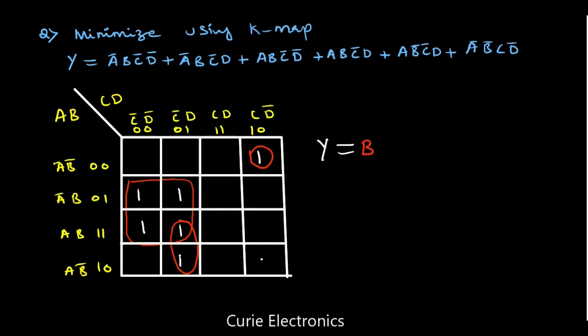What about column wise? C bar D bar, C bar D. So C bar will be left. Now the pair, that is 1 1. Row wise, when you compare A B bar, A will be left. Only one column is involved, so we write it down as it is, that is C D bar. Now the single one belongs to A bar B bar C D bar. So that is the simplification.